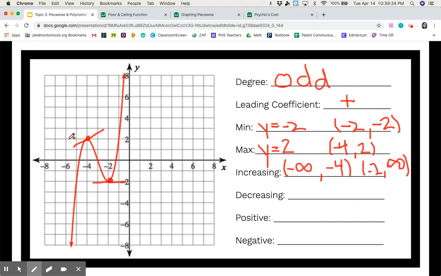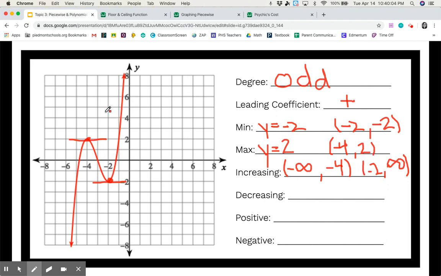But to go through that exact point one time, it's called a tangent line. You'll learn more about that in like trigonometry or some higher level math. But to create that tangent point, we want to cross it one time. And so any of those turning points, that tangent line is a constant. So it's not positive or negative at that point. So those endpoints on the increasing and decreasing, those cannot be included.